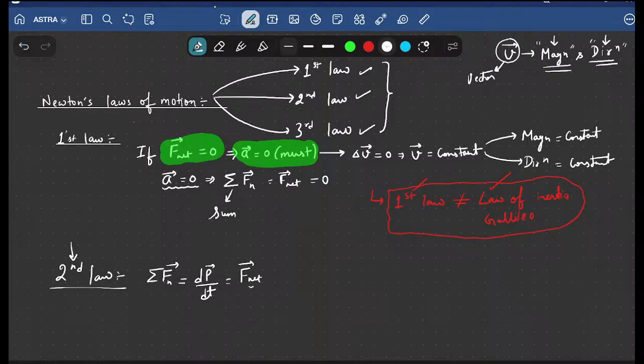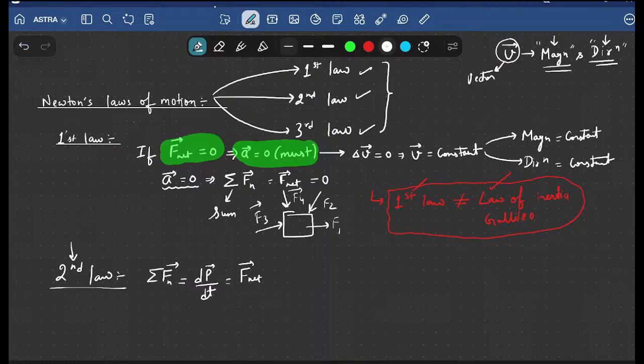So it is net force. Why am I giving priority to this subscript again and again? The reason is that a body can experience one force at a time, or it can experience multiple forces at a time. You know that vectors are always represented by arrows, and since force is a vector quantity, that's why I am representing it by arrows.